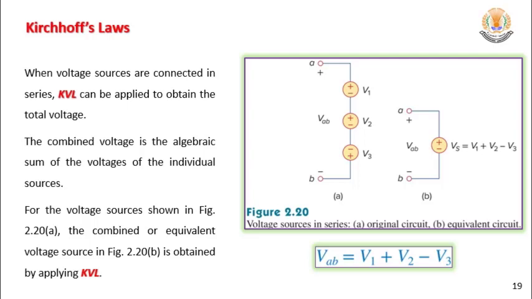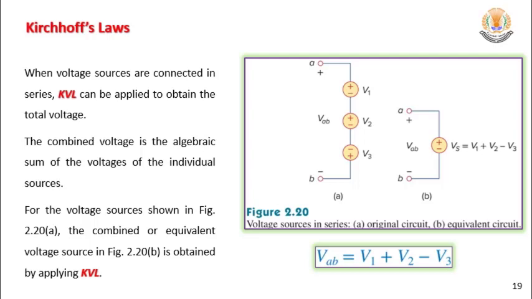So, if you have 3 voltage sources, V1, V2, and V3, you can replace them by one equivalent source. If you put the polarity plus minus, all of them are in the same direction, heading each other. What does it mean? It means the voltage here VAB, remember VAB? A is positive, head of the arrow, always remember.